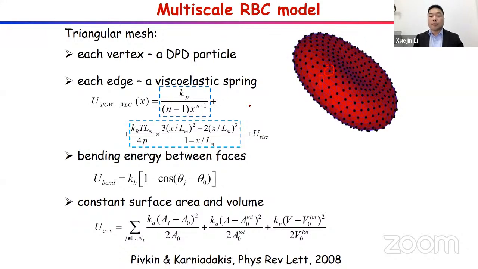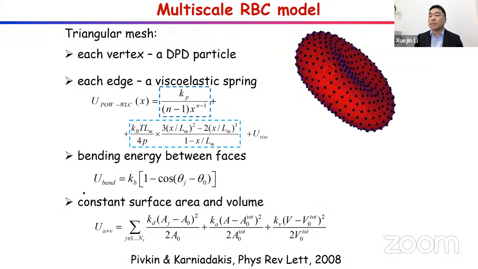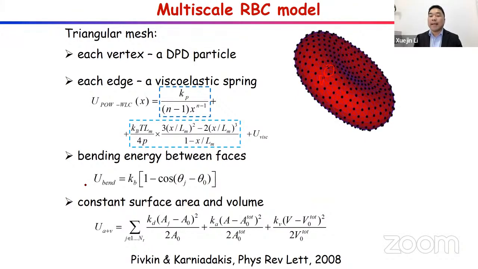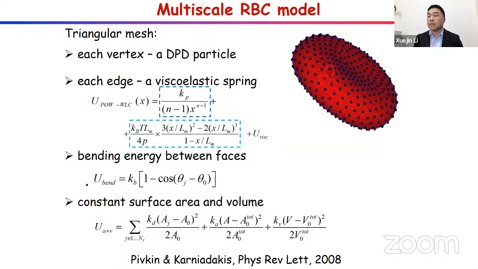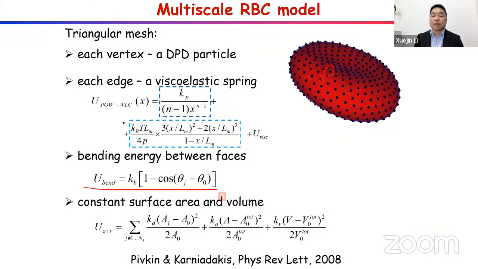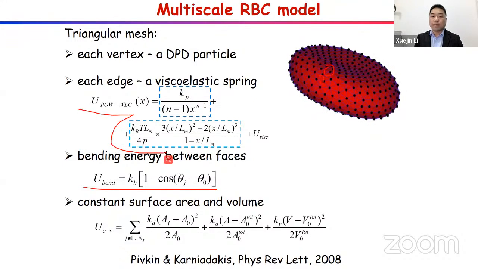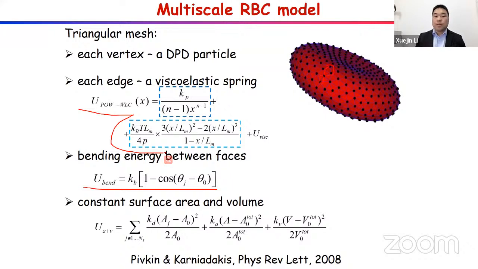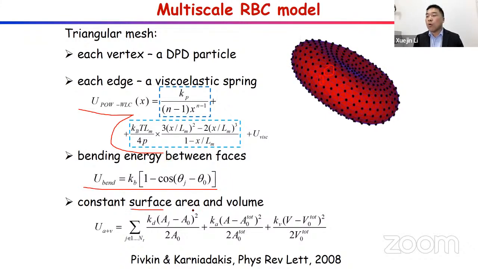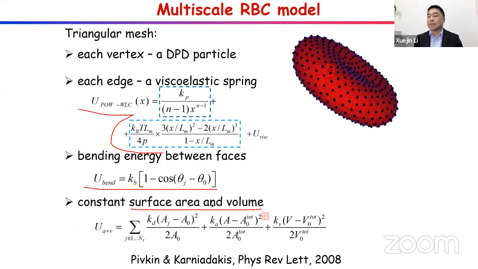And in the red blood cell model, we consider the bending resistance of the lipid bilayer using this equation, and the shear resistance of the cytoskeleton using this equation. Also, the surface area and the volume of the red blood cell are constant.